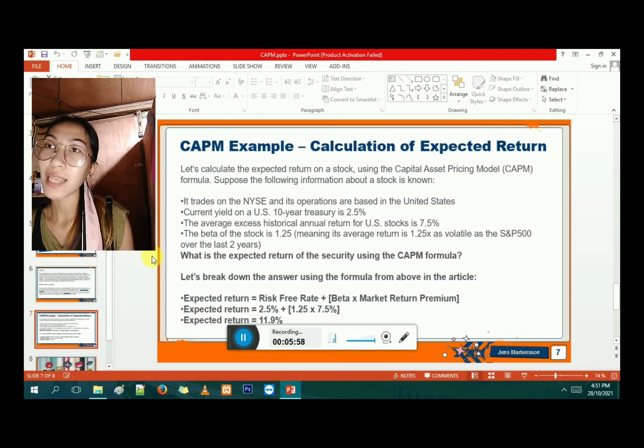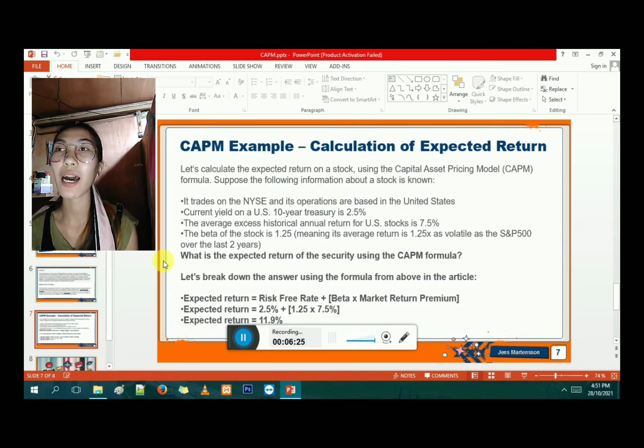The historical annual return for US stocks is 7.5%. The beta of the stock is 1.25, meaning it is 1.25 times as volatile as the S&P 500 over the last 2 years. So now, this is the question: what is the expected return of the security using the CAPM formula?